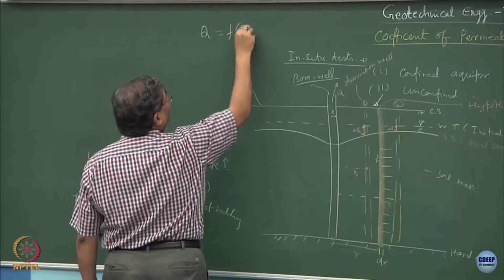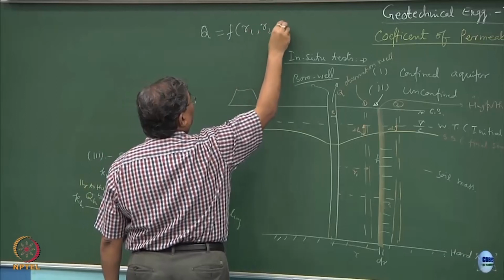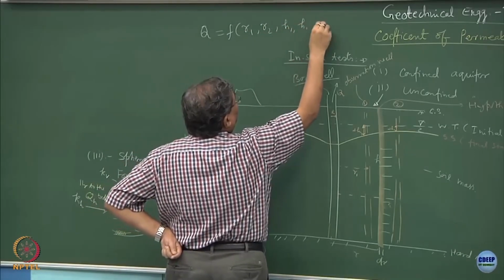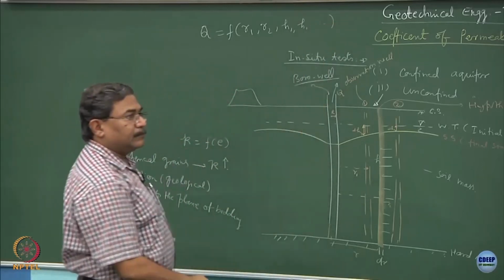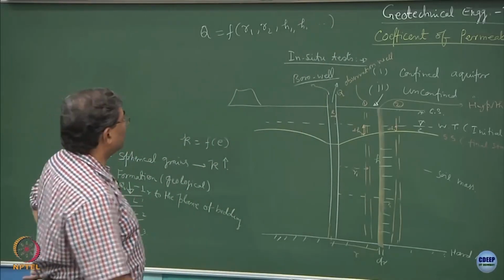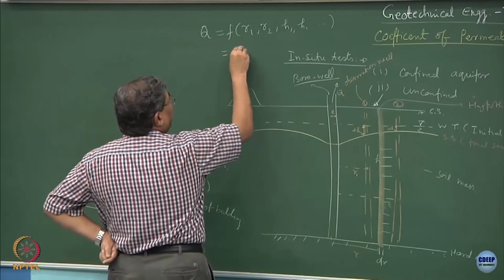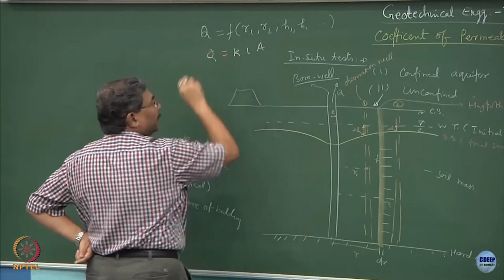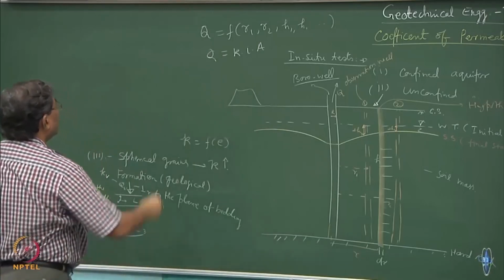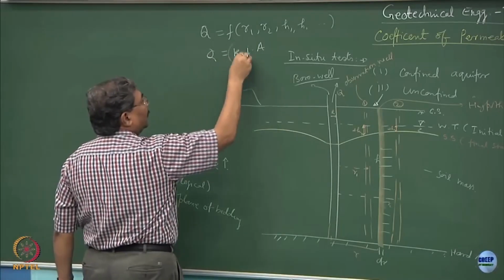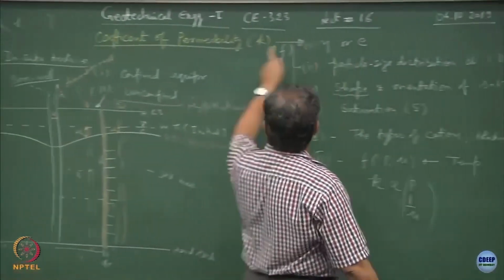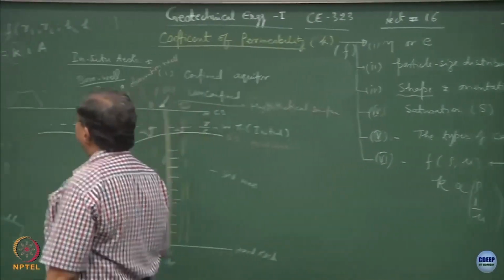as a function of R1, R2, H1, H2 and so on, because Q is nothing but K into I into A. Is this okay? So, K is the principal unknown. Remember, we are doing the field test to obtain the coefficient of permeability.